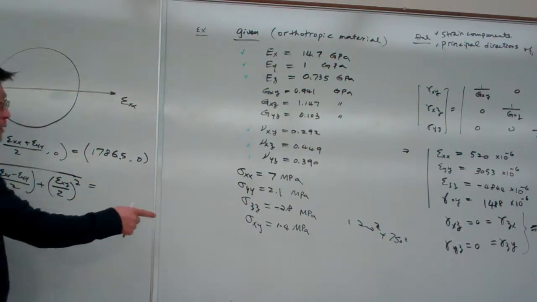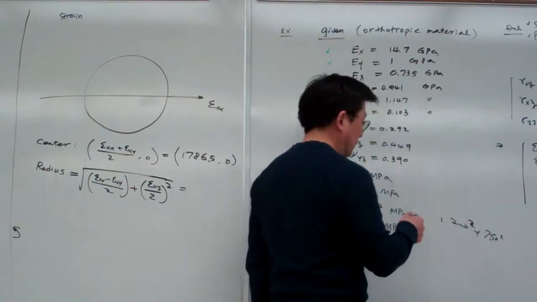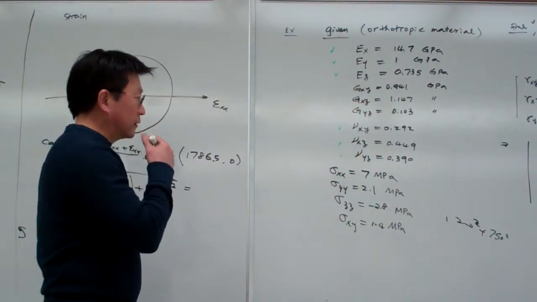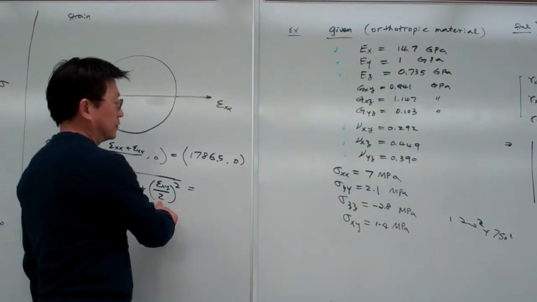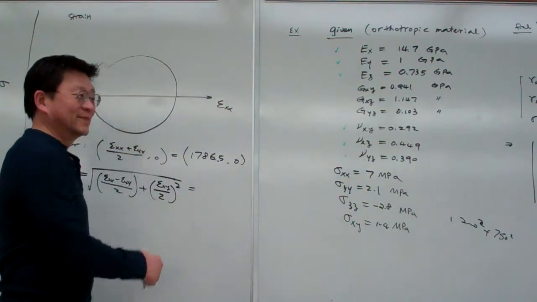How much? On gamma, so we divided by 4, right? Because gamma is 2 epsilon. Just give me a number.